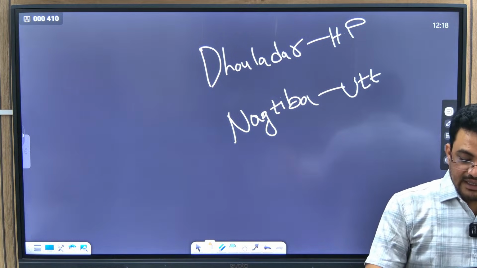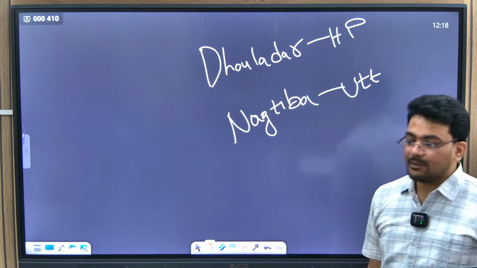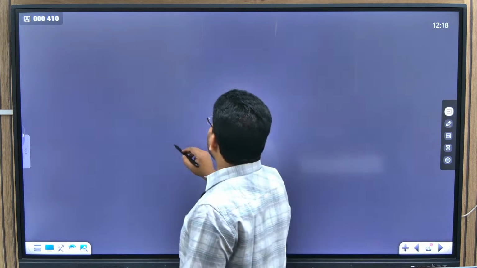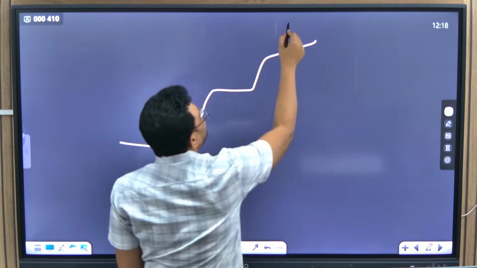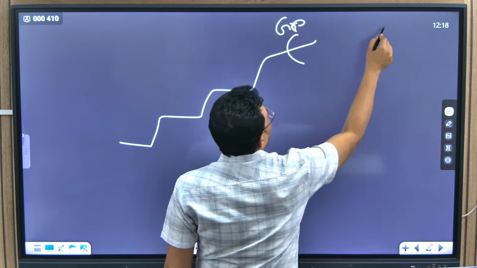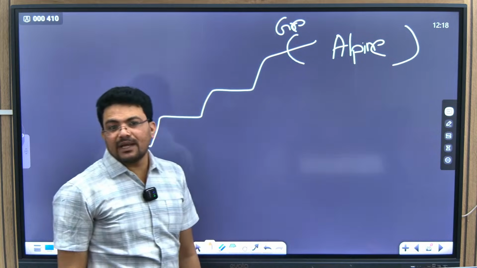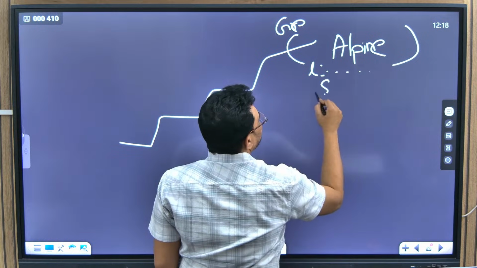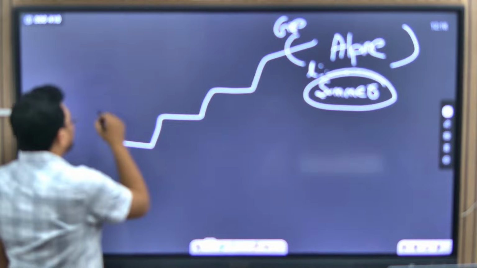Okay. In the next paragraph, in the middle lines, you have to know a small concept. In the Greater Himalayas, we will be studying this in the vegetation chapter. In the Greater Himalayan region, we have some grasslands called alpine vegetation. Here, a good amount of grass is there in the summer season.